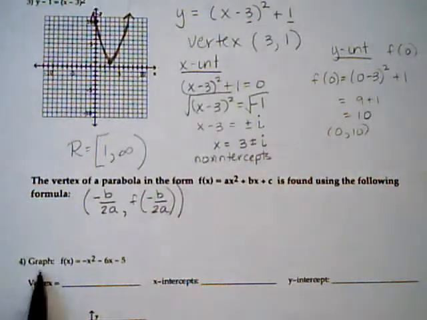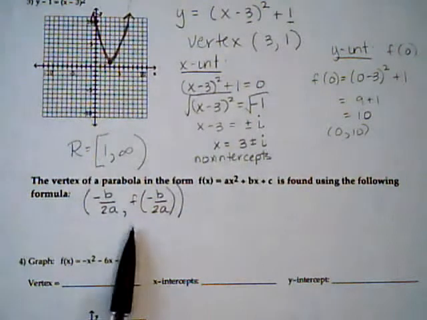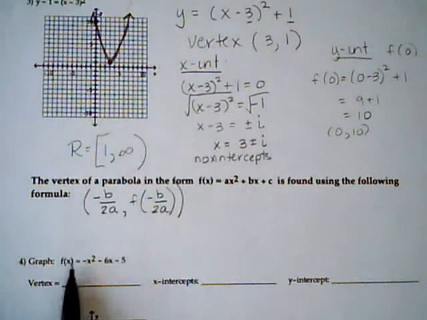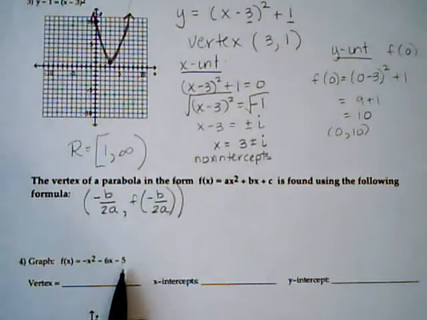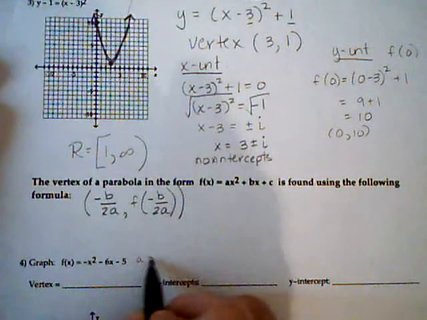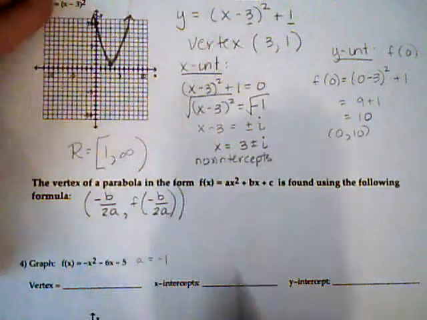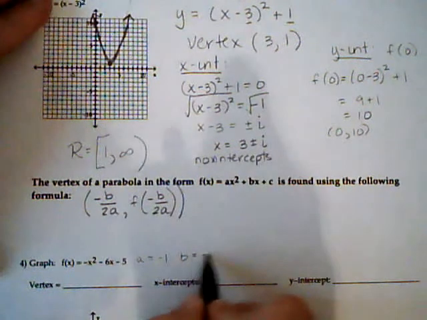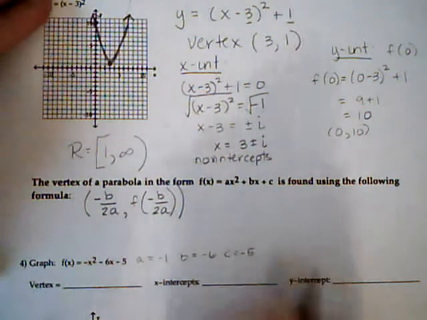Number 4 is an example where you would need to use this formula to find your vertex. It says graph f of x equals negative x squared minus 6x minus 5. From this equation, my a value is negative 1, b is negative 6, c is negative 5.